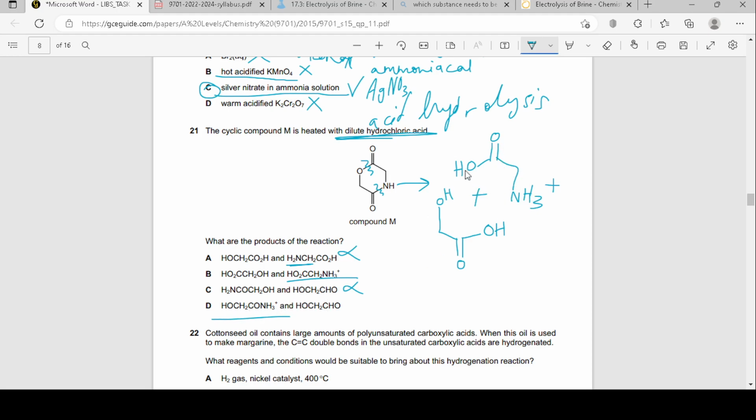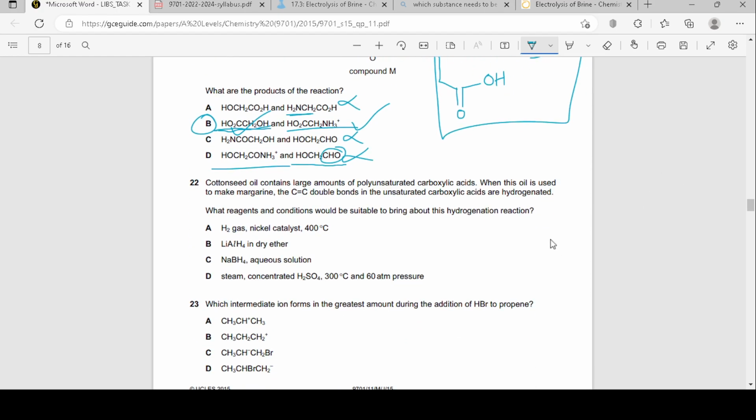And HOCH2 CO, that's a different product that they've given me here, not the same product that I have, so I can cross this out as well. HOCH2 CHO: they've given me CHO, but this is actually COOH. Basically they're doing it in the opposite direction. So HOCH2COOH, or HOOCCH2OH, is what I have over here. So B shows these two products that I have drawn, so that's my correct answer.